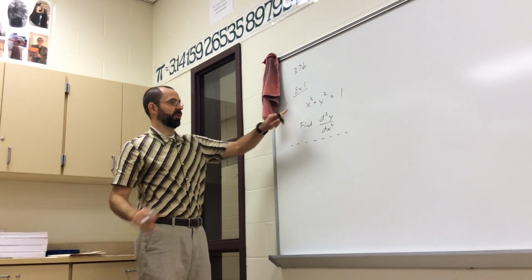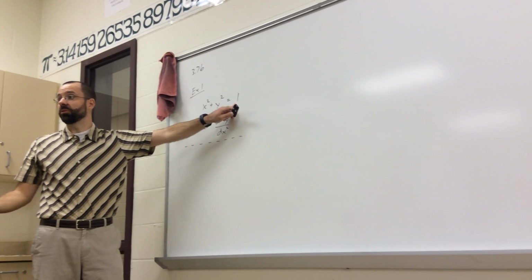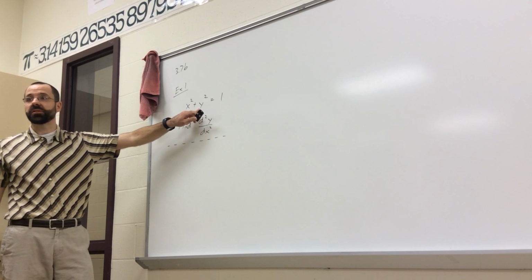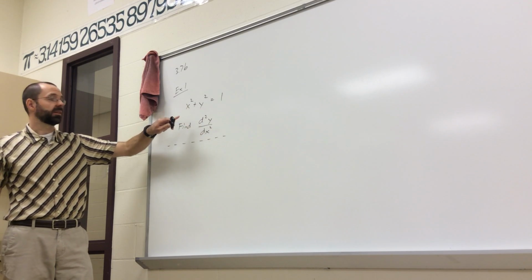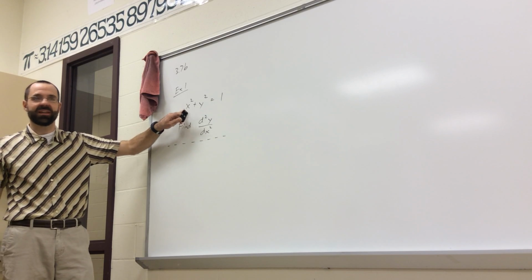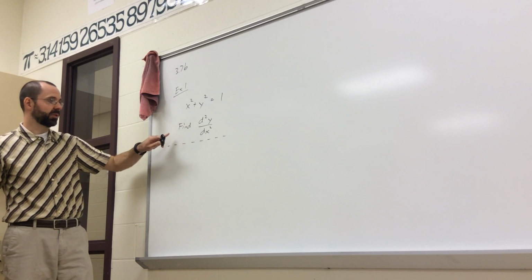So just remember, this is a circle. The radius is 1 because the square root of 1 is 1. And the center is 0, 0 because nothing's subtracted from x or y. If it said x minus 10 squared, then the center would be 10 something. Okay, so that's a circle.